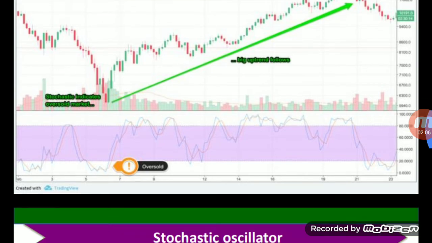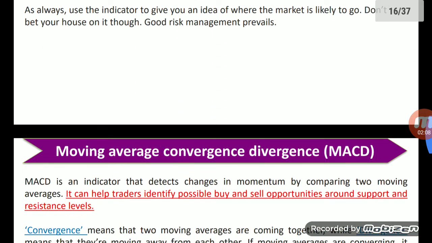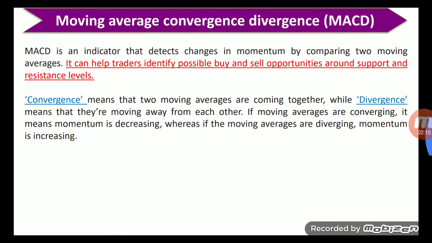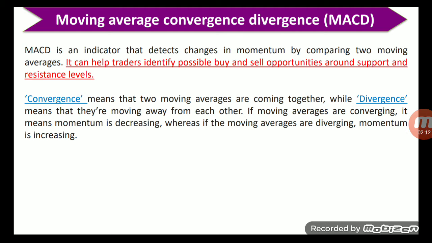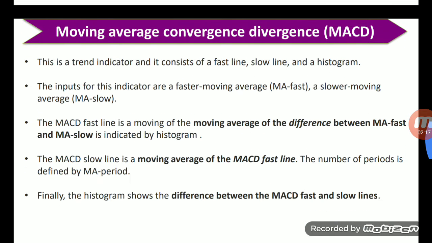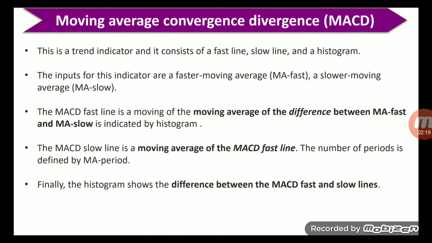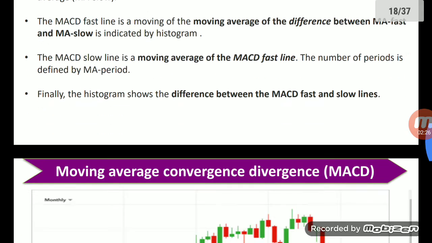Then MACD, we have seen moving average convergence divergence, and how to read it, and what is the use of the moving average convergence divergence indicator, that is popularly known as MACD.